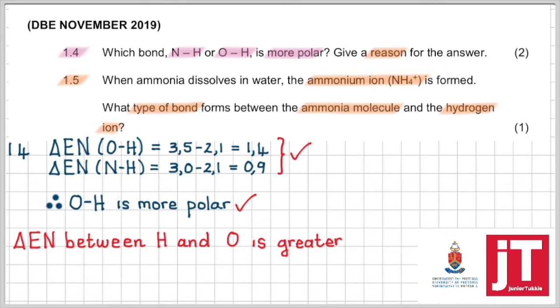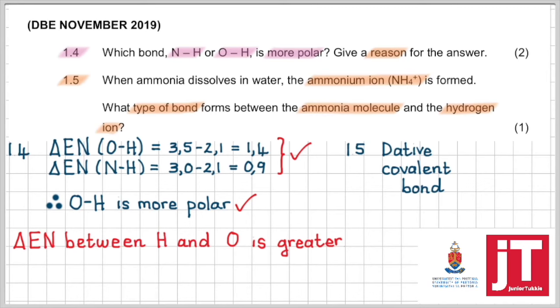In this case, the hydrogen ion, which has an empty orbital, will have its empty orbital overlapped with a lone pair of electrons from the nitrogen atom in the ammonia molecule. The type of bond that exists between the ammonia molecule and the hydrogen ion is therefore a dative covalent bond.